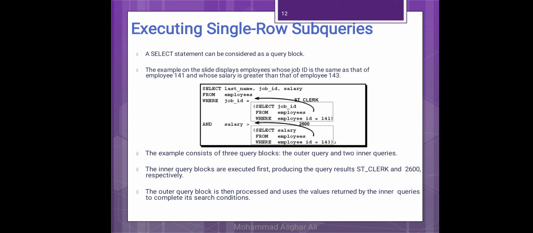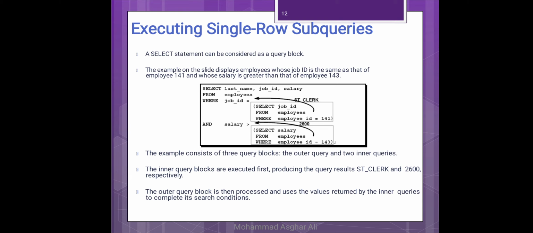Executing single row subqueries. A select statement can be considered a query block. The example on the slide displays the employees whose job ID is the same as that of employee 141, and whose salary is greater than that of employee 143.